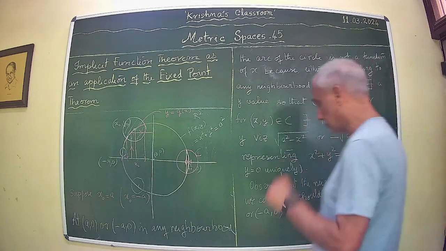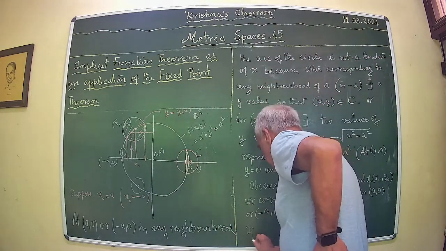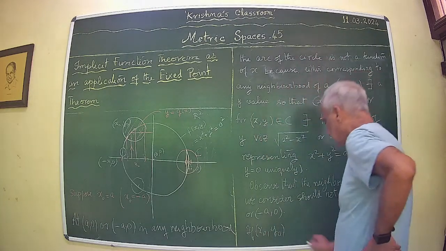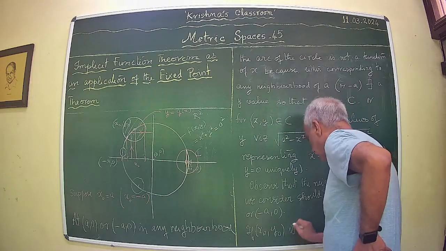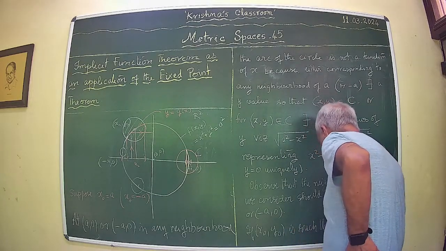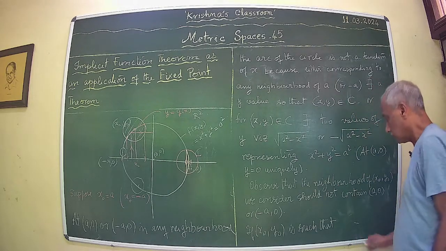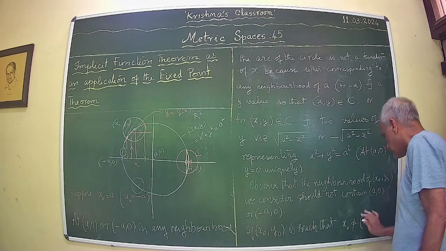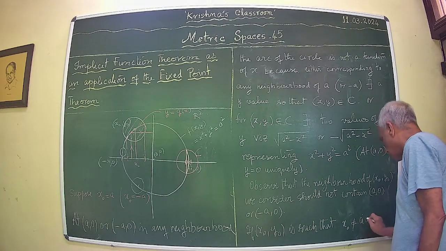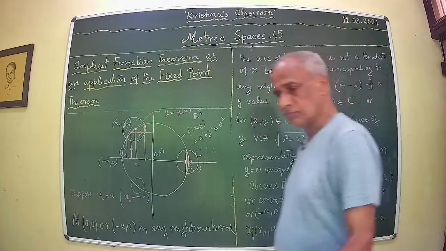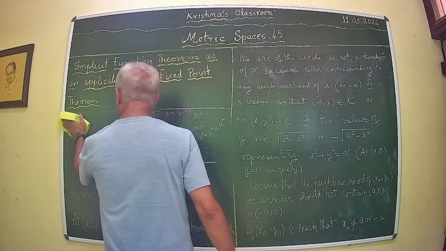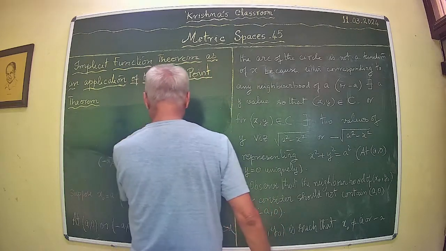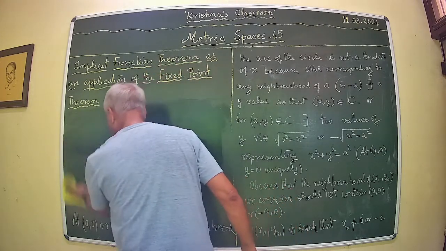Now you see that if x naught, y naught is such that x naught is not equal to a or minus a, the tangent to the circle at those points is not 1.